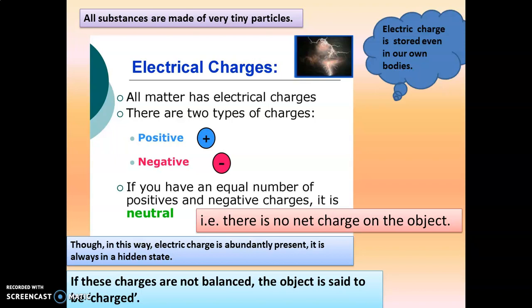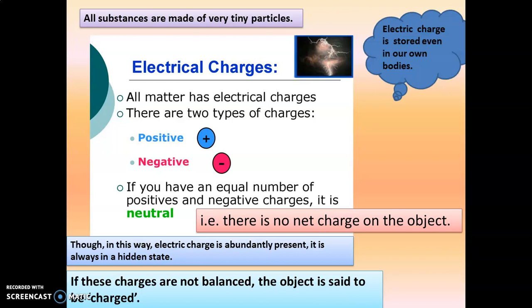If you have an equal number of positive and negative charges, that is neutral. So there is no net charge on the object. This way, electric charge is present in abundant quantities, but it is always in a hidden state.